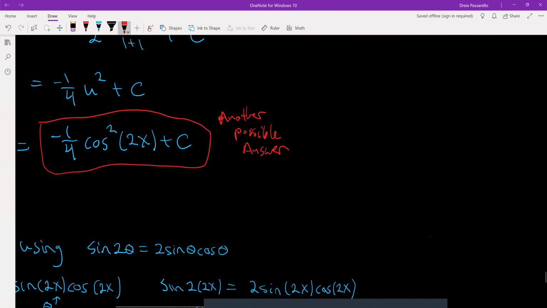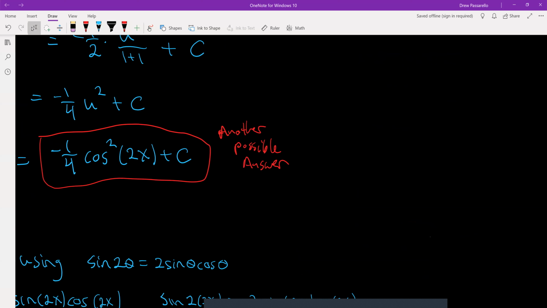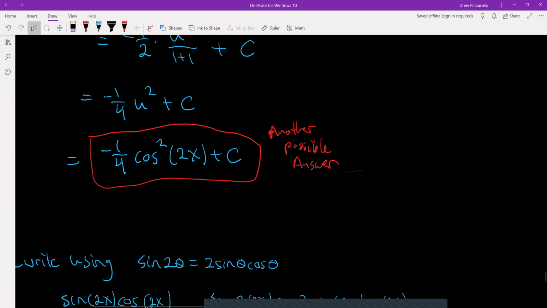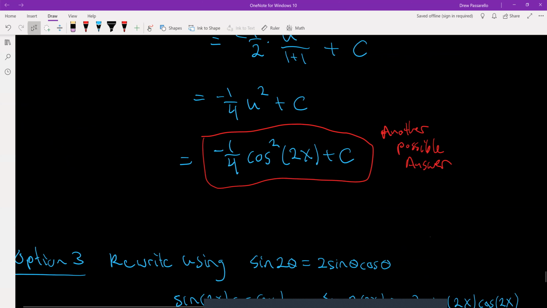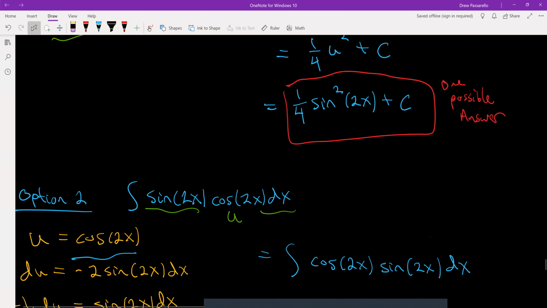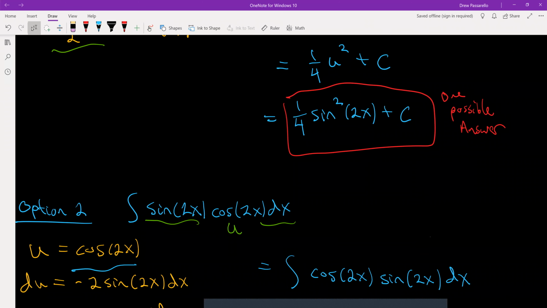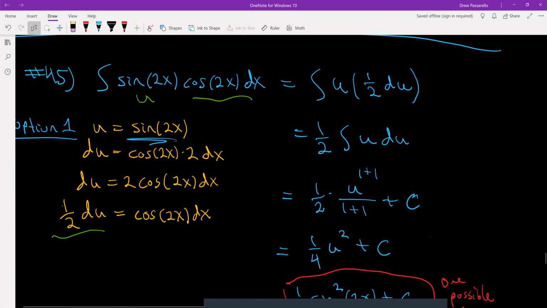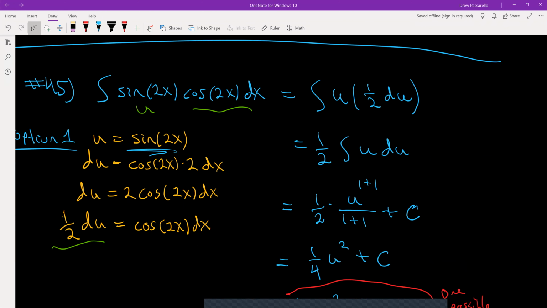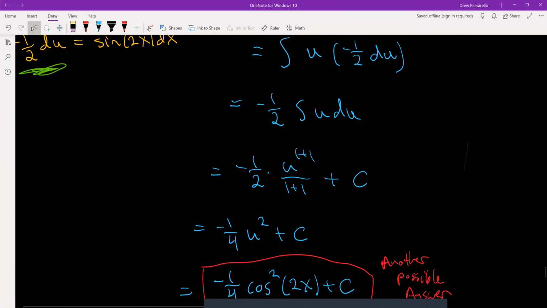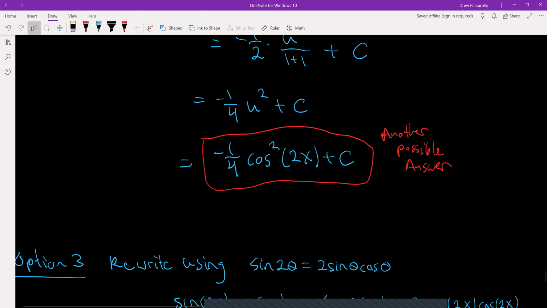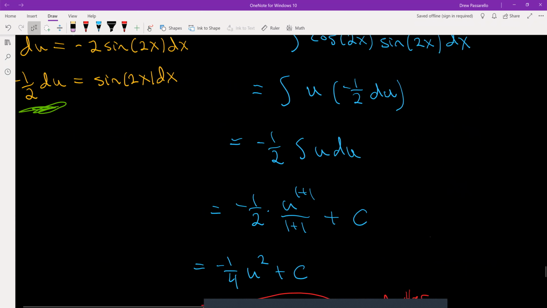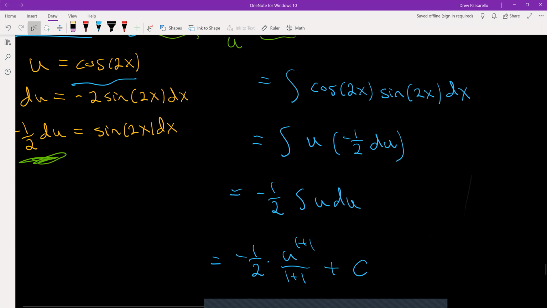So depending on which path you go, right, dictates which of the three answers you'll have. So the three answers were 1/4 sine squared of 2x plus c, and that was letting u be sine of 2x. The second answer was negative 1/4 cosine squared of 2x, and that was letting u be cosine of 2x.